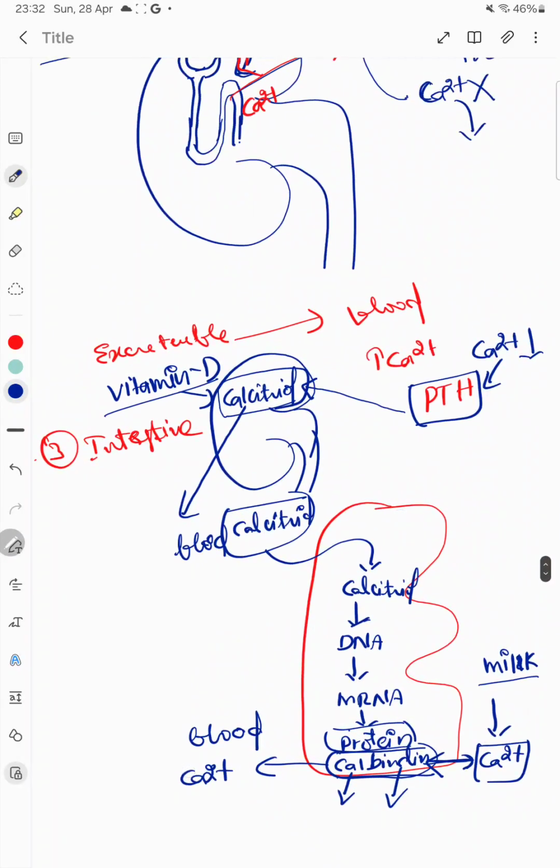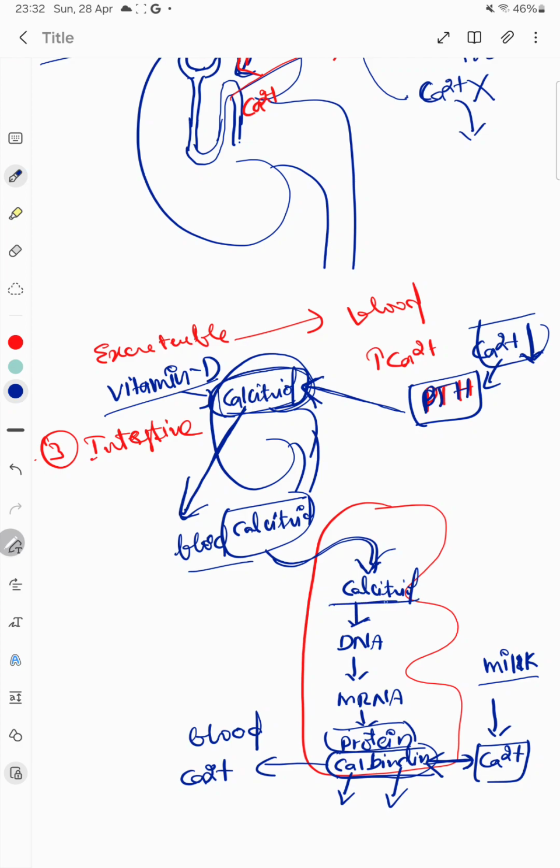Again, I am just recapping everything. In response to low calcium, PTH is produced. This is the third stage, on the intestine. This PTH initially acts on the kidney, and the kidney produces calcitriol by the action of PTH. Calcitriol comes out from the kidney into the blood, and from the blood it enters the intestinal cell.